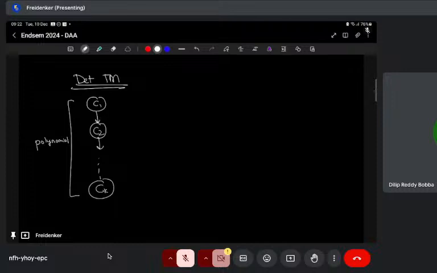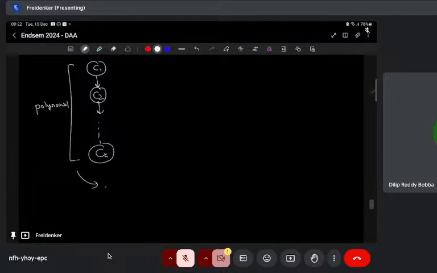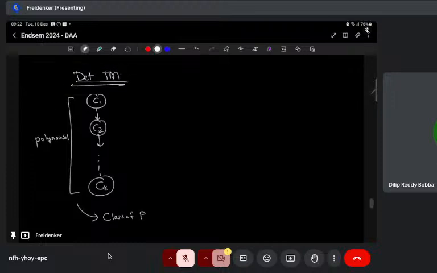Whatever this problem is, it goes to the class P, because you're using a deterministic Turing machine, single tape, and you got the solution in polynomial time.